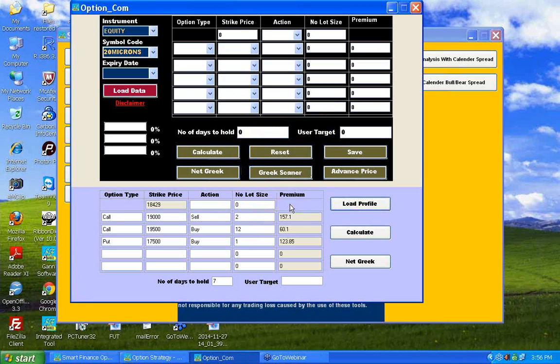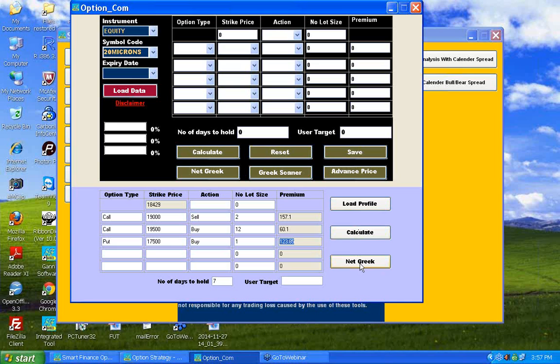This is what I took when Bank Nifty was at 18,425: 19,000 call option was 157, 19,500 call option at 60, and 17,500 put option at 123. Say I took this 5 days back.